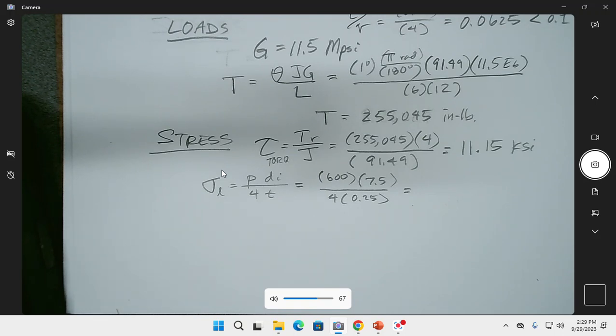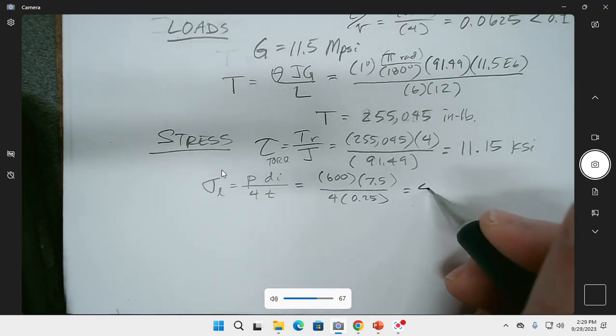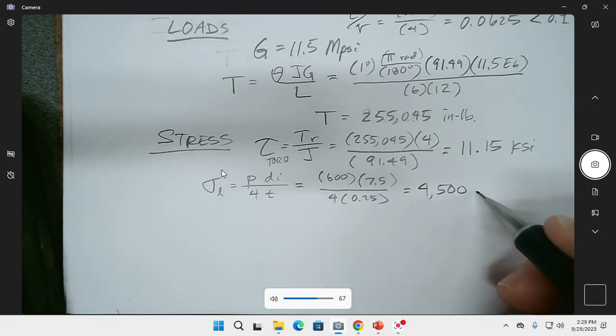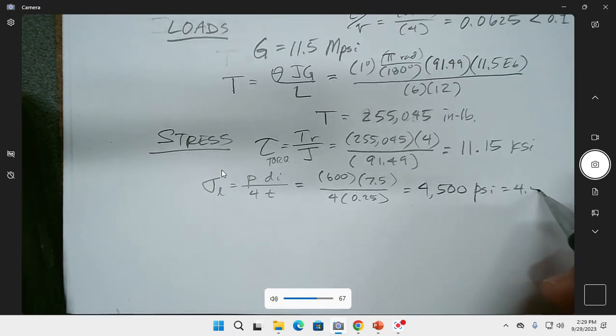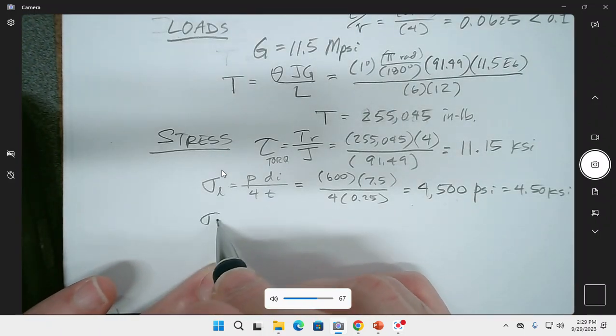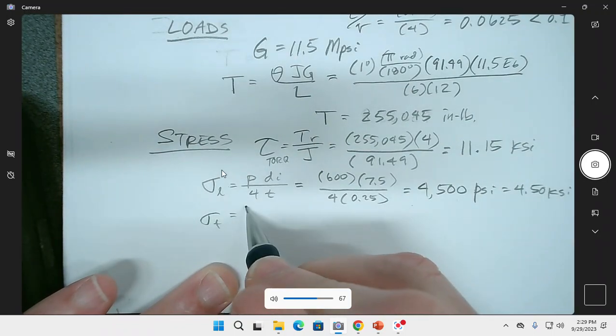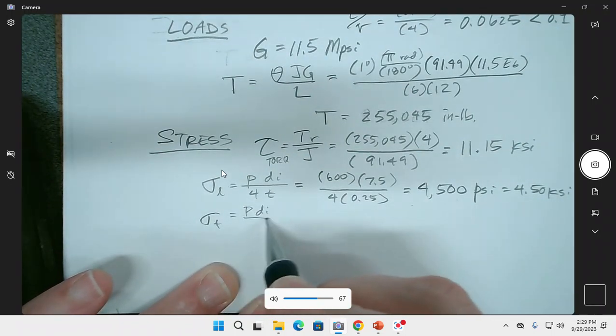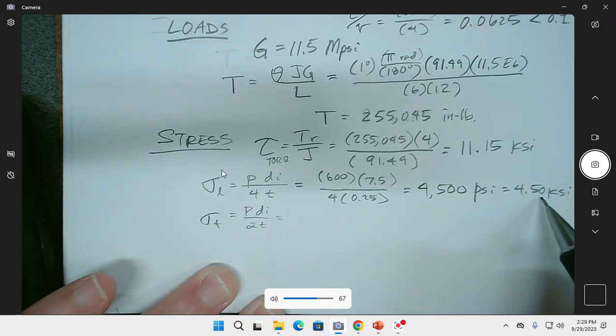Well, that's going to be the same, right? We get 4,500 psi, or 4.5 KSI. And you could, if you really want to be cool, just multiply that by 2.